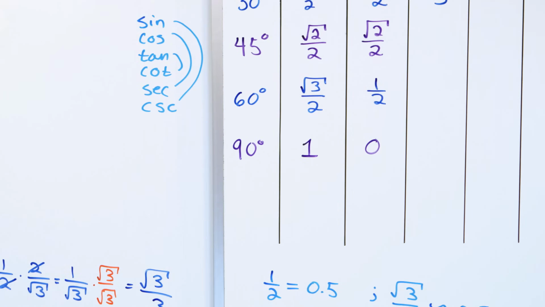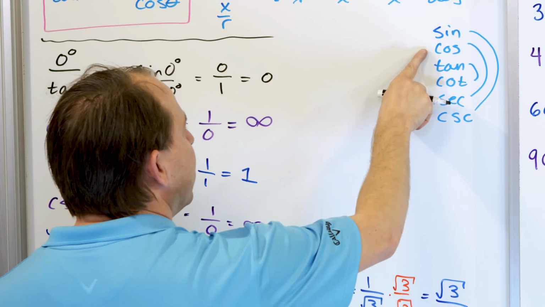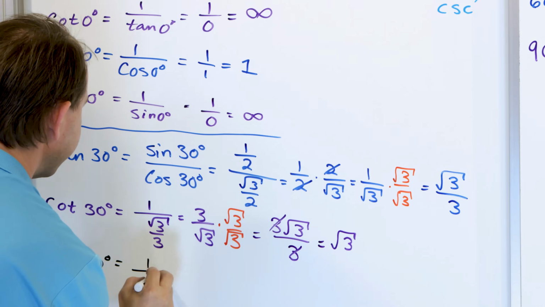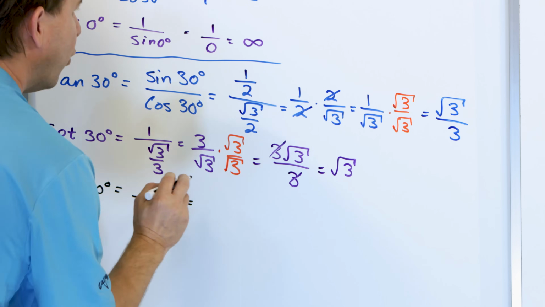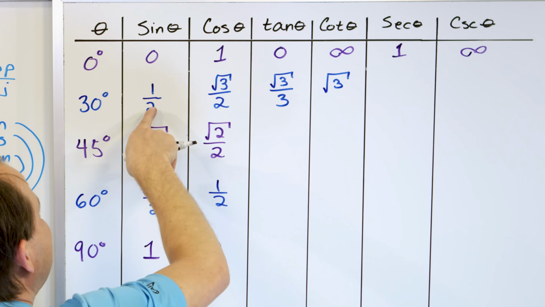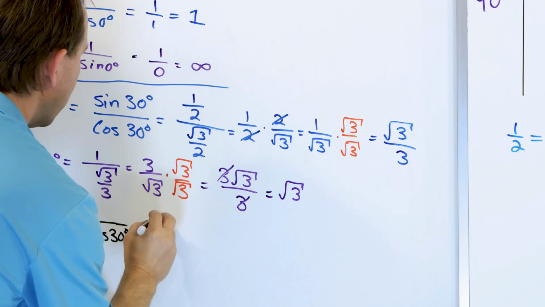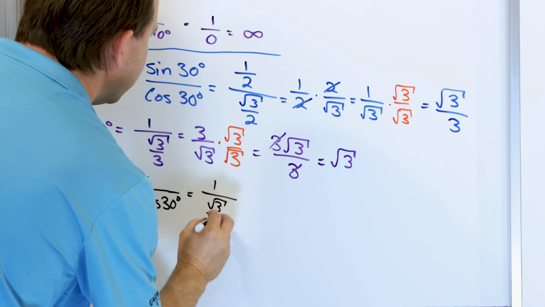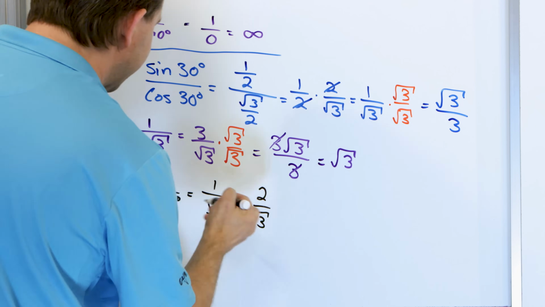What is the secant of 30 degrees? The secant is 1 over the cosine. 1 over the cosine of 30 degrees. Think about it. What is the cosine of 30 degrees? The sine of 30 is 1/2. The cosine of 30 is the other number, square root of 3 over 2. So it's 1 over square root of 3 over 2. When you invert it, you're going to get 2 over the square root of 3. Exact same problem.